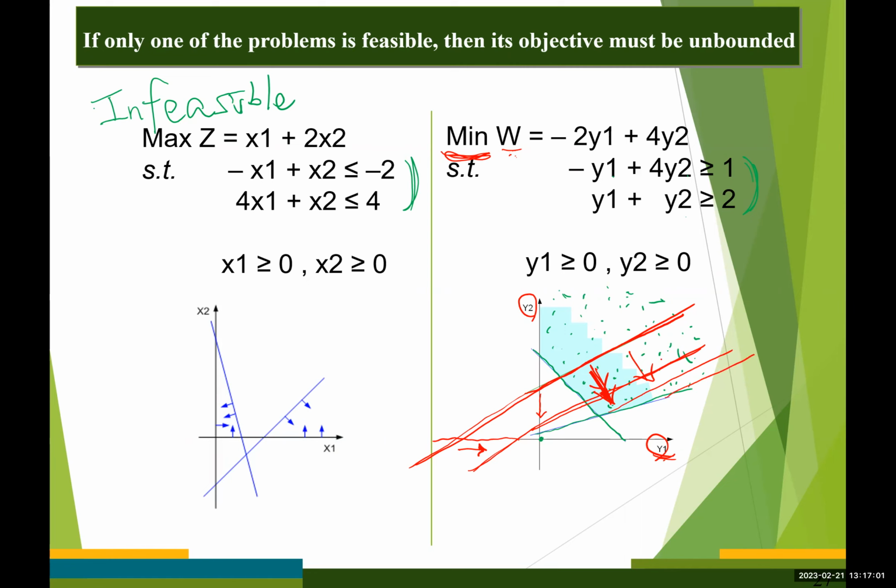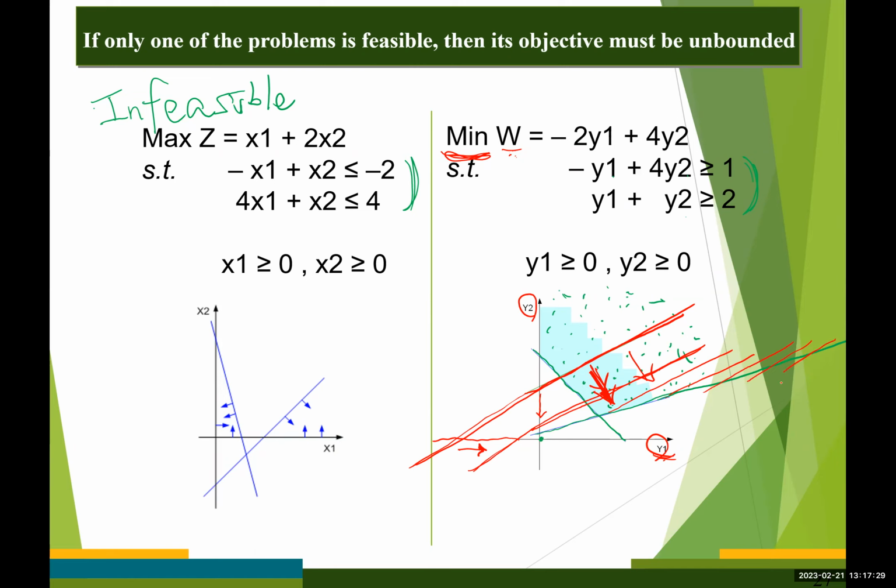Okay, so this is one of the constraints, right? And the isovalue line can be drawn this way.